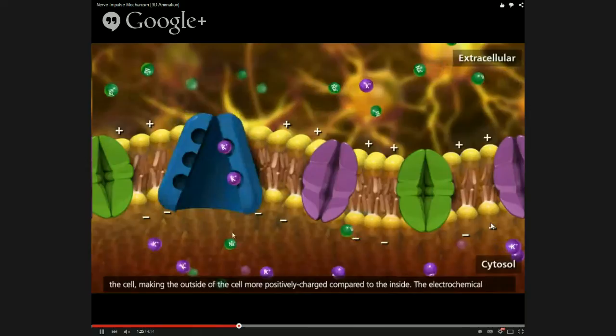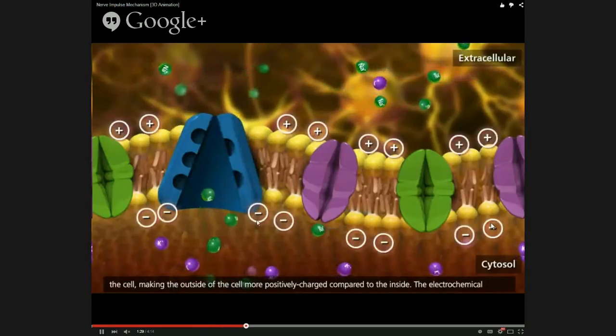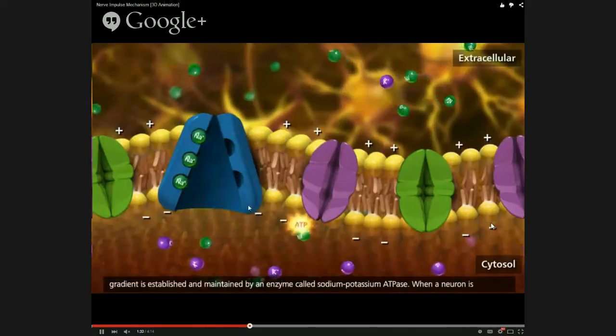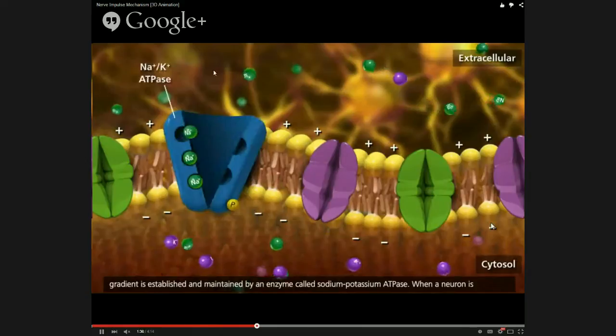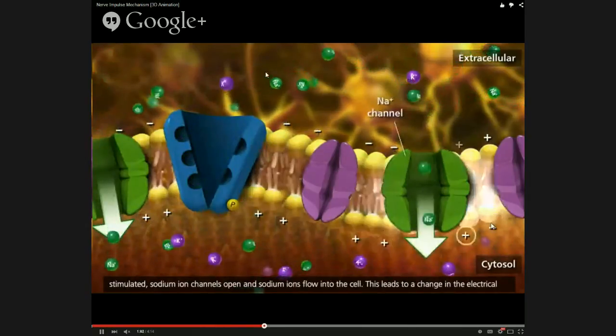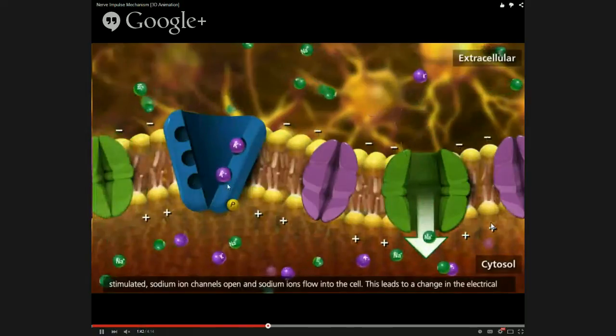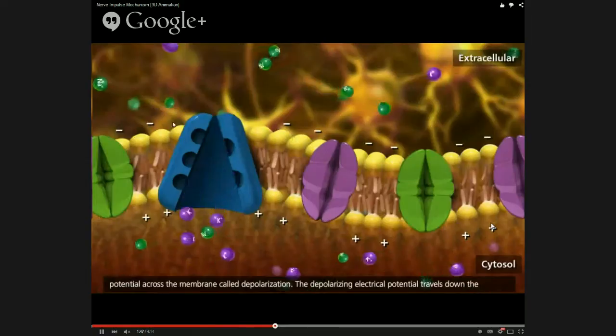Okay, so that's one cycle of it. So 3 sodium ions come in, it hydrolyzes ATP, and the 3 sodium ions are pumped out. And then 2 potassiums come in, and they're pumped inside, and then it just repeats that over.